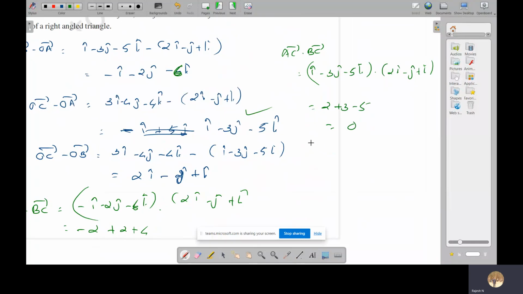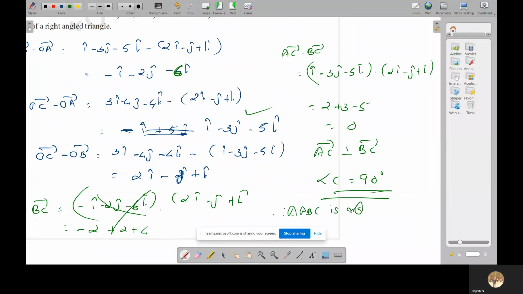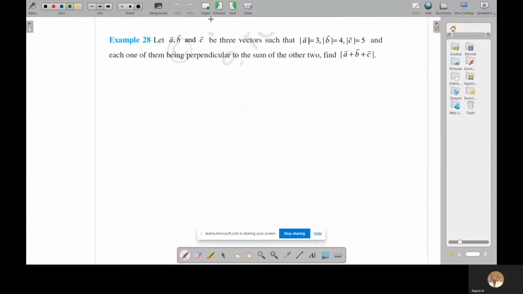AC dot BC is equal to 0 means AC is perpendicular to BC. Therefore angle C is equal to 90 degrees. If angle C is 90 degrees, what is our triangle ABC? Right angle triangle. Triangle ABC is a right angle triangle.